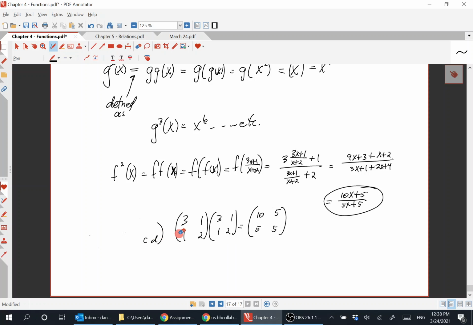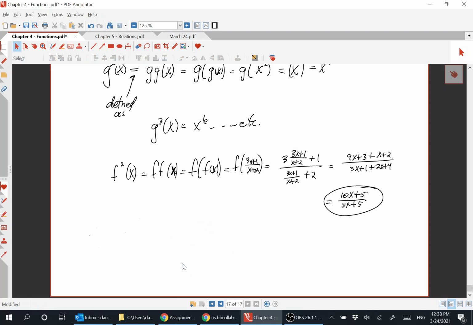All right, here's a couple of properties of composition.